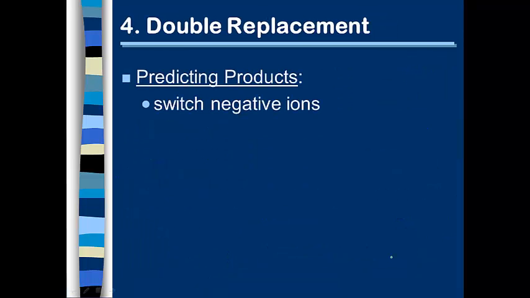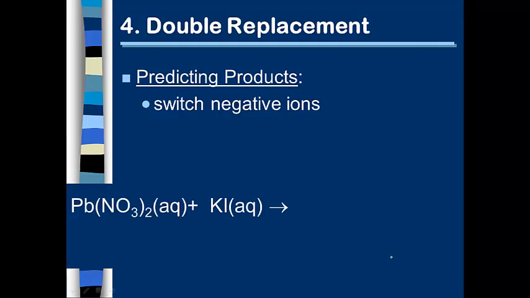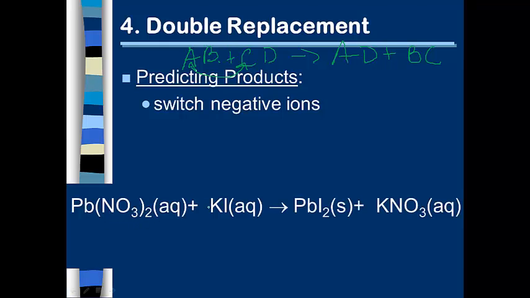Okay, double replacement. We're going to switch the negative ions here, and so remember, double replacement is where you're going to have 2 compounds. AB plus CD is going to give us AD plus BC. So we end up just switching, whatever you want to think of it, but the way this is written is switching A and C. So if I have lead nitrate and potassium iodide, I'm flip-flopping the ions.